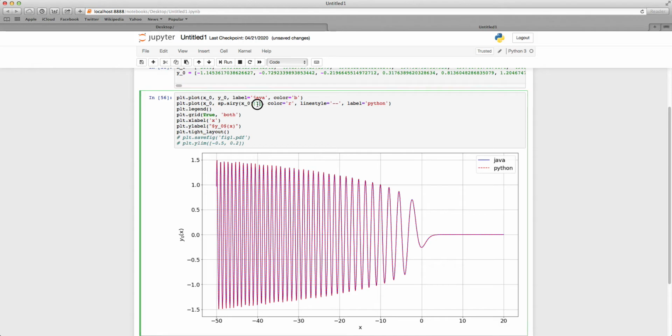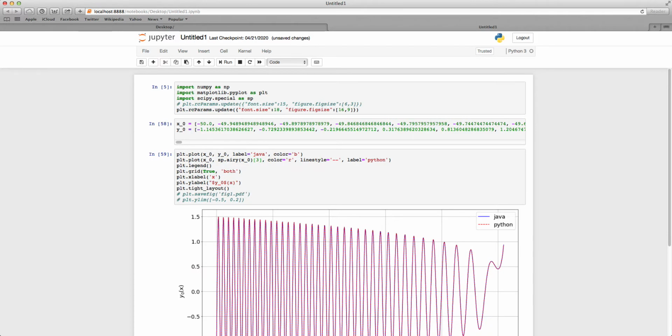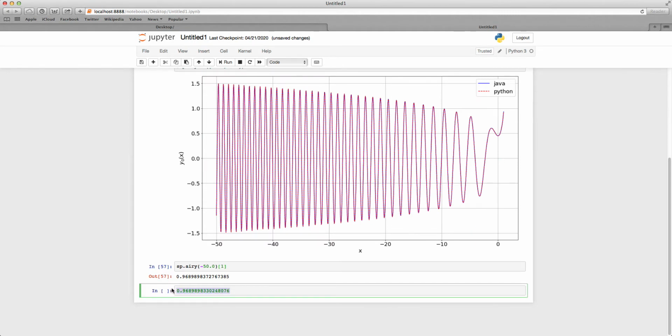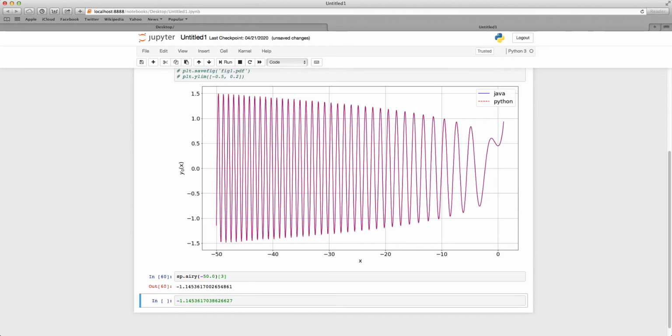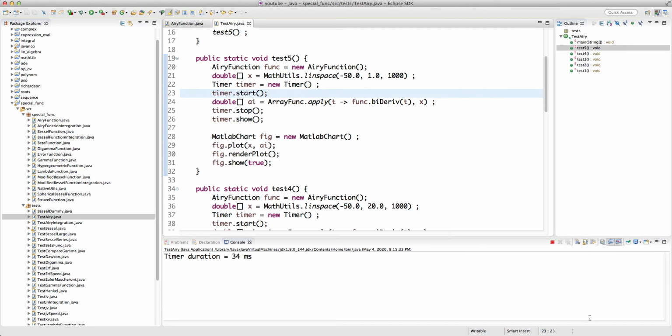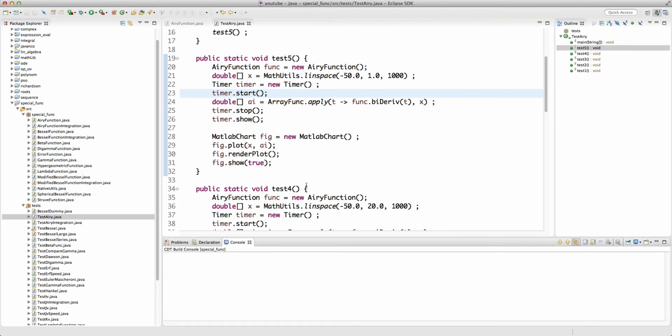And Bi prime is the last element, which is the third one. You see we have a very good match. And let's look at the value of the Bi prime at minus 50. So minus 1.1453617. So we have 8 decimal places of accuracy. Okay, so it's a very good implementation, very fast and very efficient.